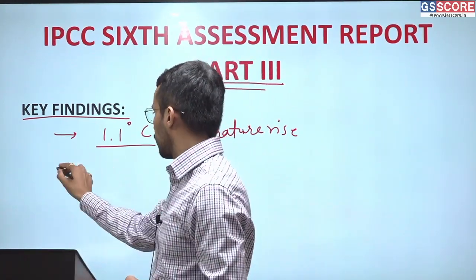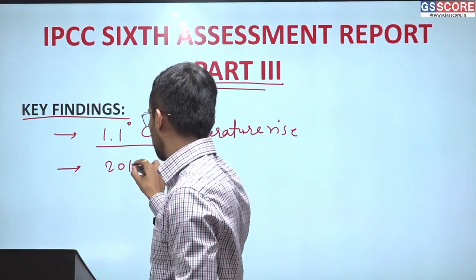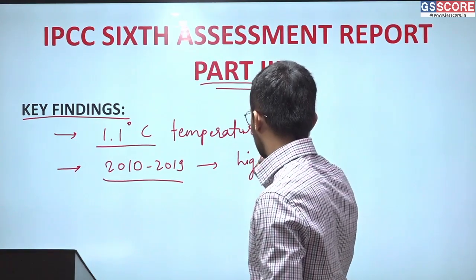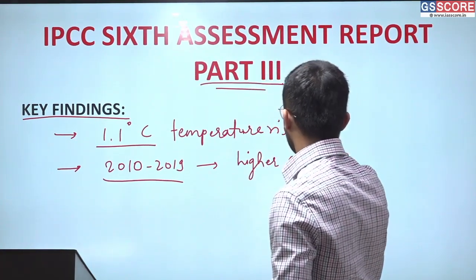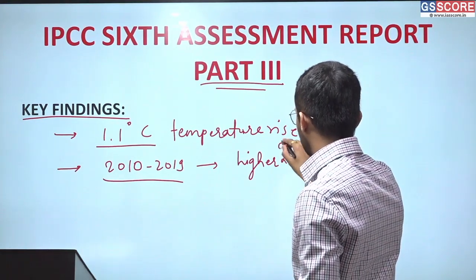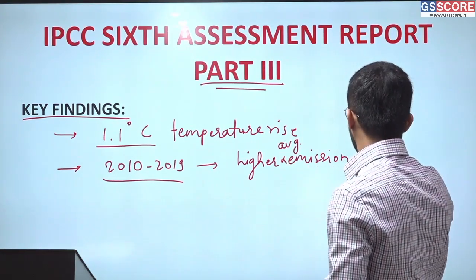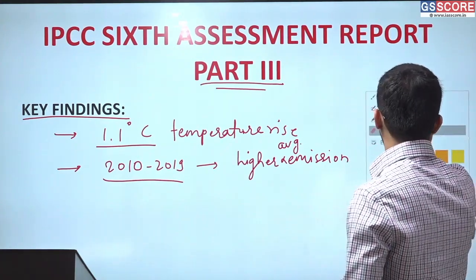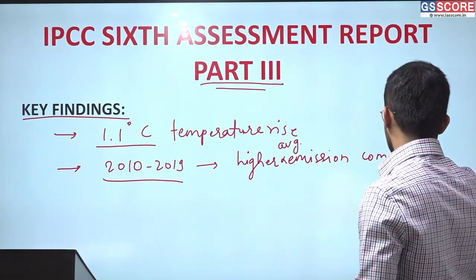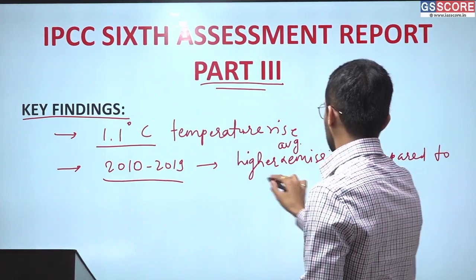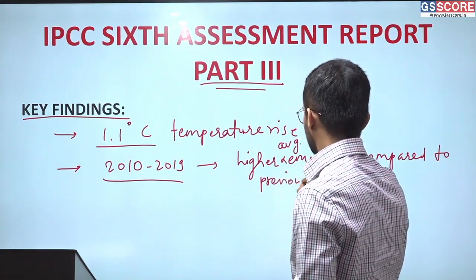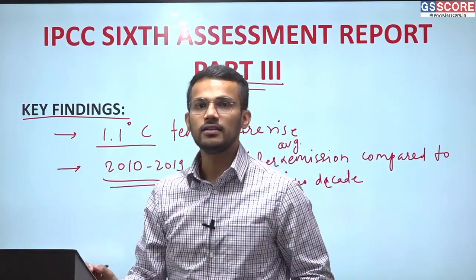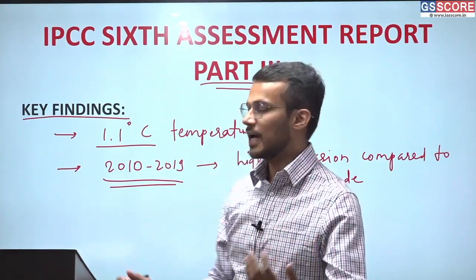So that is first. Moreover, between 2010 and 2019, we had higher average emissions compared to previous decades. So in this decade between 2010 and 2019, the emissions were higher than in previous decades.